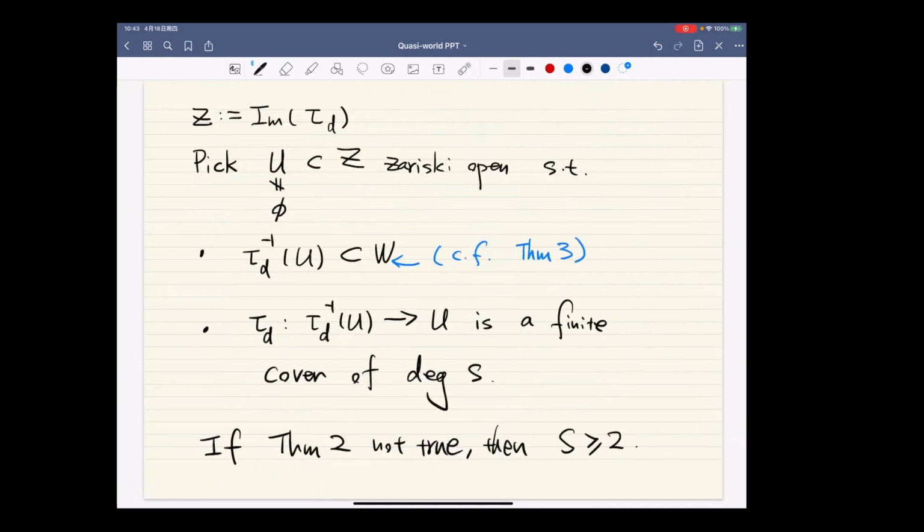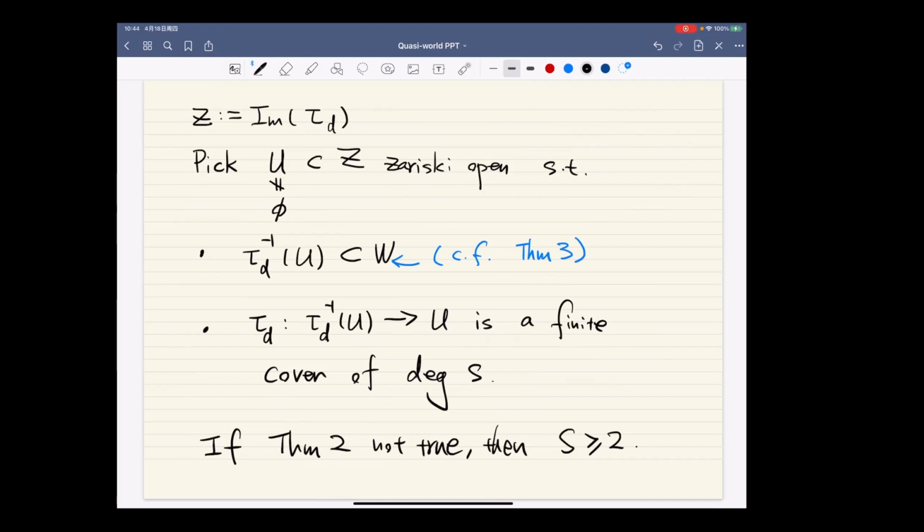Okay, now we denote by Z the image of this tau D, and we can pick a nonempty Zariski open subset U in Z such that the following holds. First, the pre-image of U is contained in the set W. This W is defined in theorem 3, which is the theorem of Parkovich, meaning that for two points in W, they are intertwined if and only if they are the same.